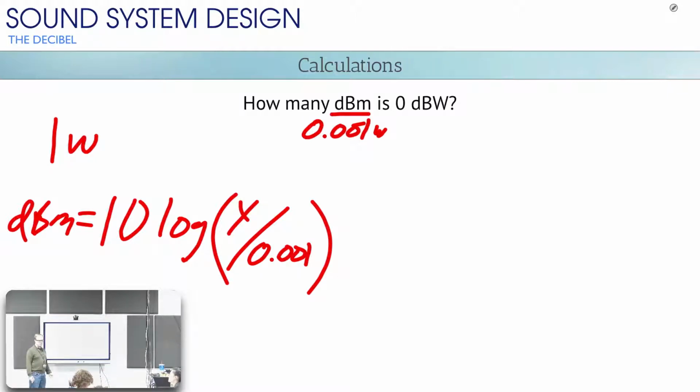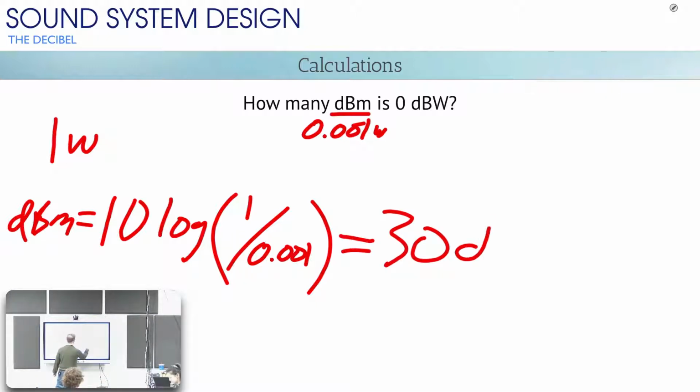All I have to do to get a dBm is substitute some power level for x, and I will get that power in dBm. So I just put a 1 in for x, which is my 1 watt. So 10 times the log of 1 divided by 0.001, and what do we get? 30 dBm. So 0 dBw equals 30 dBm.